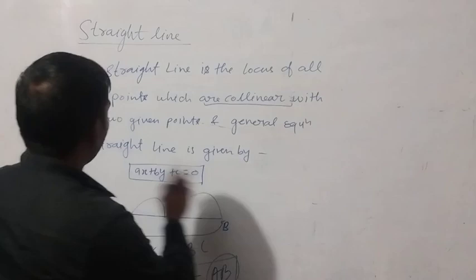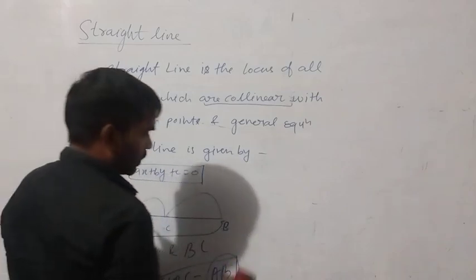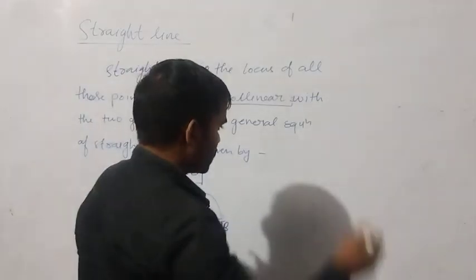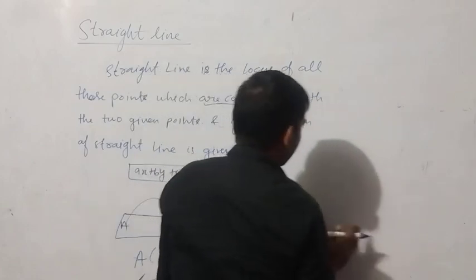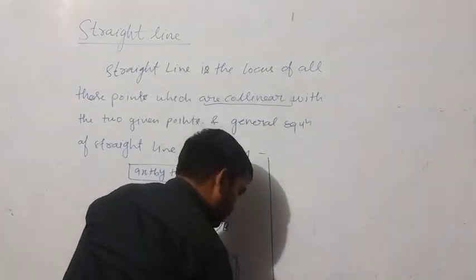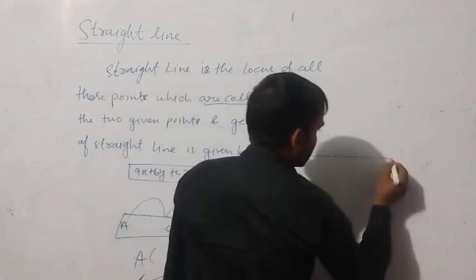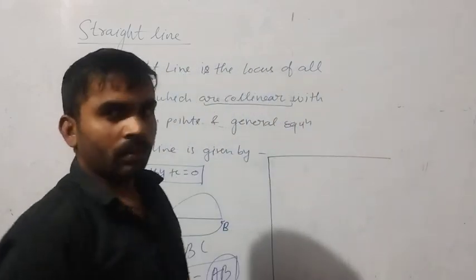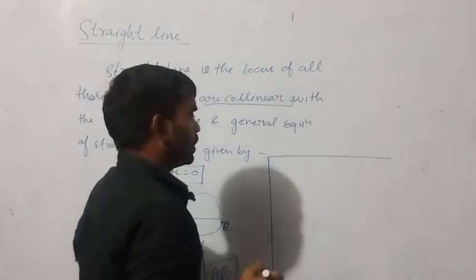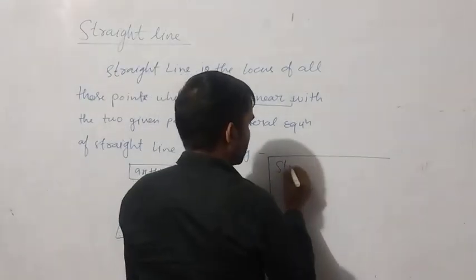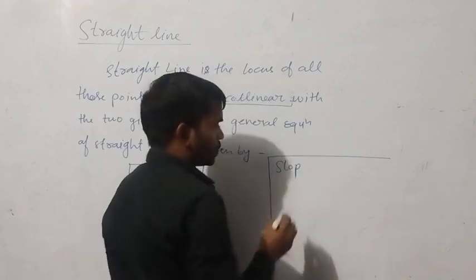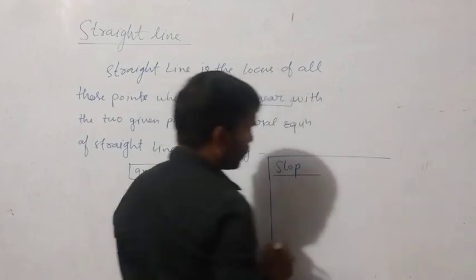Now we can move to the next point in the straight line. Before discussing the straight line, we have to know some points related to it. So the second most important point is slope.